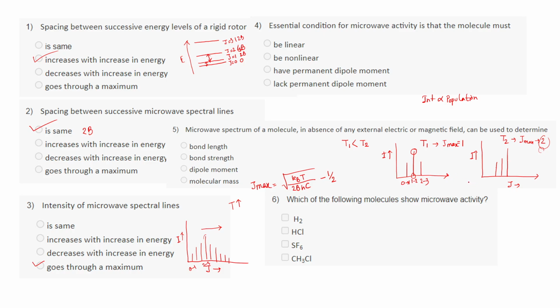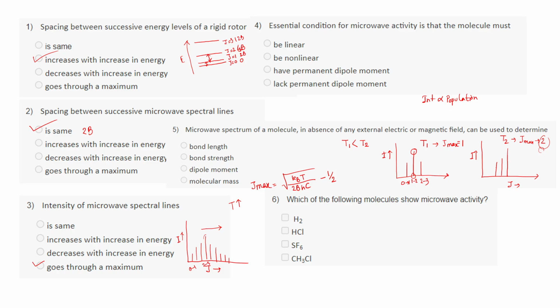So with increasing temperature, the intensity of the spectral lines will shift to the right side. Red shift is a wrong term to use here, but it will shift to the right side. I hope you have understood.